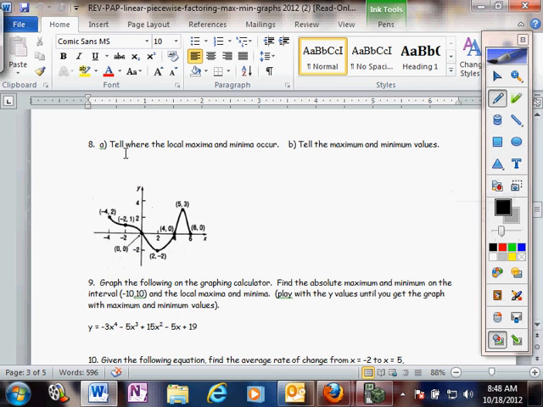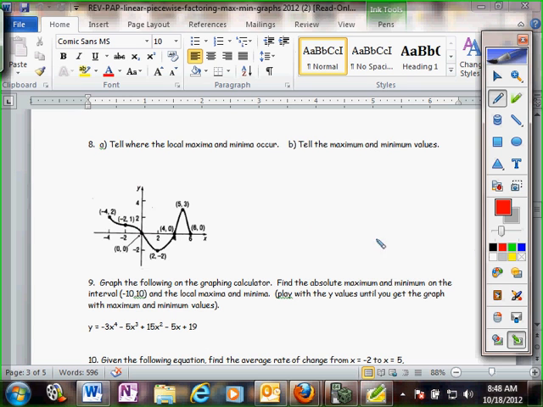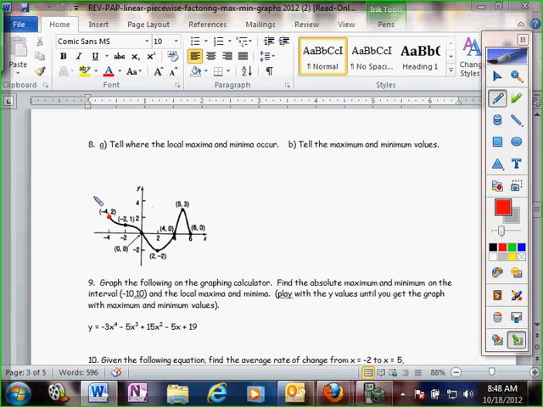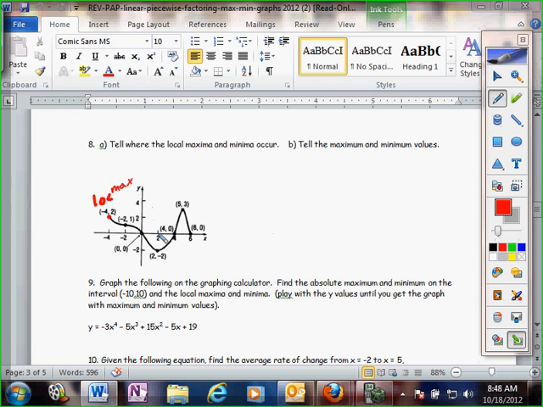Maxes and mins. Tell where the local maxima and minima occur. When it's asking where they occur, those are the x values. So right here, I have at this point, I have a local max. Traveling down, no more local maxes.